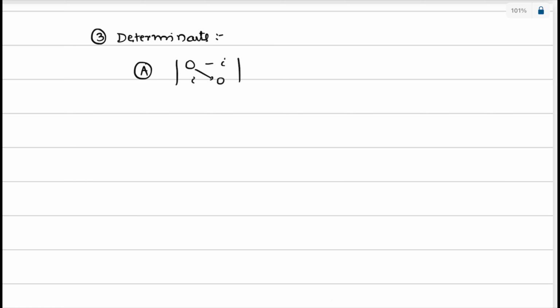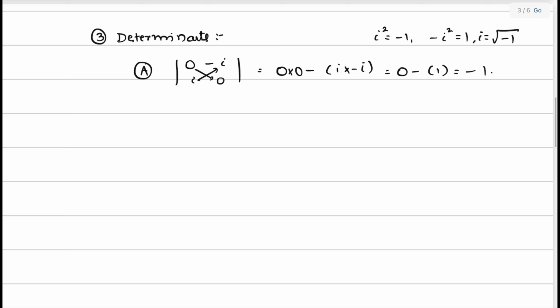I have already told you what a determinant is, then put a minus in between them: 0 into 0 minus i into minus i. What is i into minus i? It is nothing but plus 1, because i square is equal to minus 1, and i is equal to the square root of minus 1. Then i into minus i is minus i square, that is 1. That means 0 minus 1, that is equal to minus 1. This is the determinant of the matrix A.